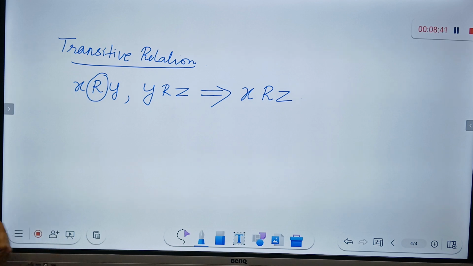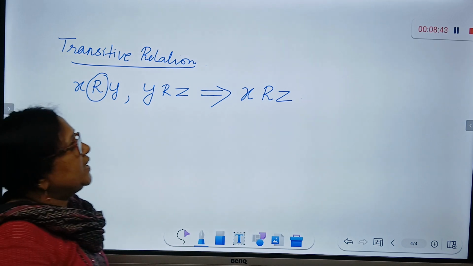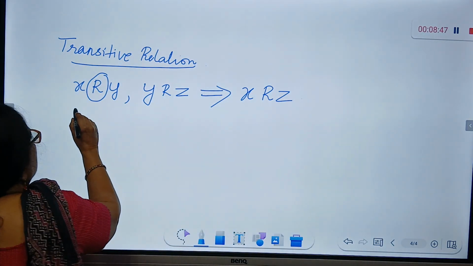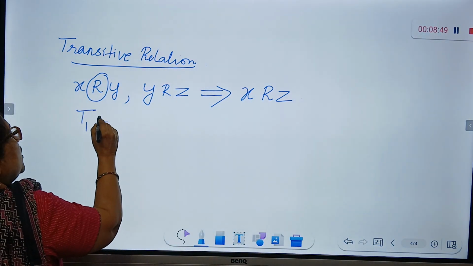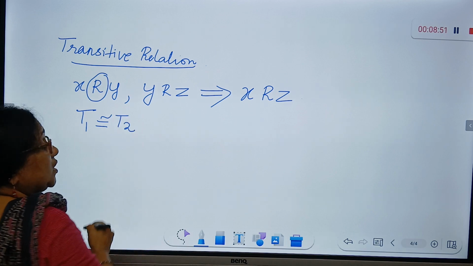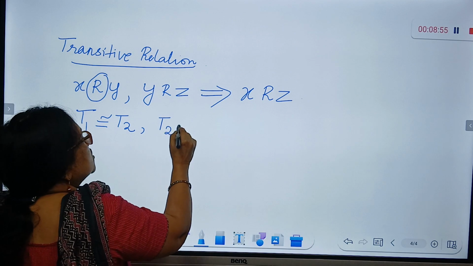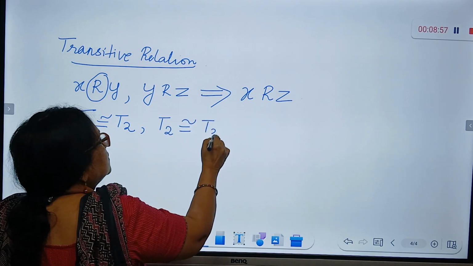So we are looking at triangles in a plane, and what is the relationship that we are seeing? Congruence. So if T1 is congruent to T2, what are T1, T2? They are triangles. T2 is congruent to T3.